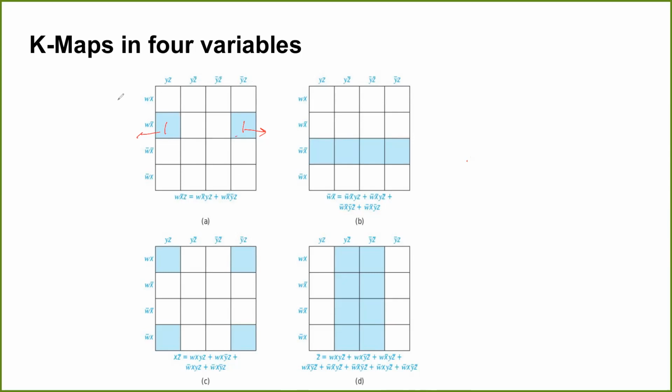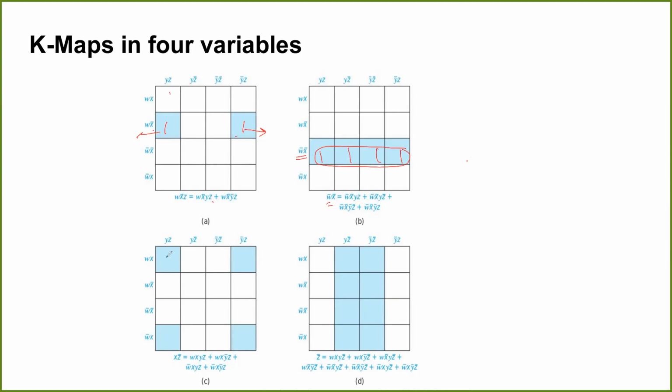Y bar will negate, and you have W, X bar, Z. Similarly, if you have 4 ones in a row, you can group them together. Y bar, Z bar cancel, so what you're left with is W bar, X bar.